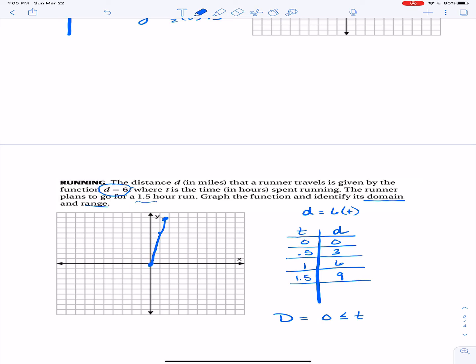So t is going to fall between 0 and 1.5, okay? Because that's the time. So your domain is going to be these numbers. And then your range is going to fall, same thing, between 0, and this time we're going to use the letter d, so it's going to fall between 0 and 9.